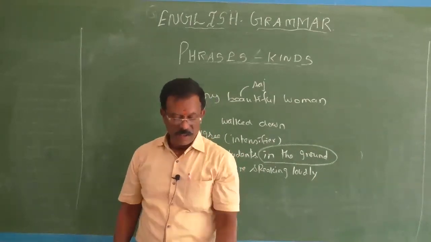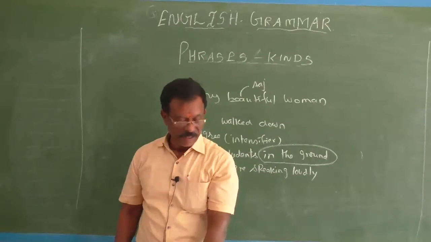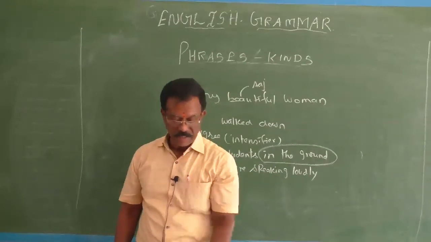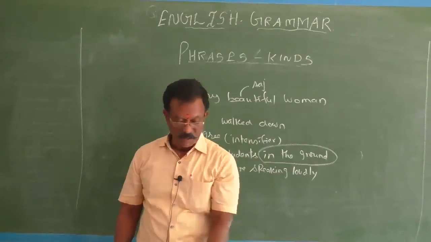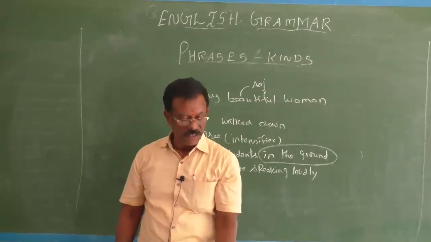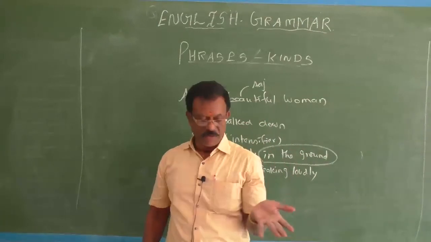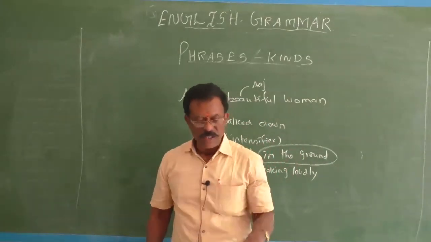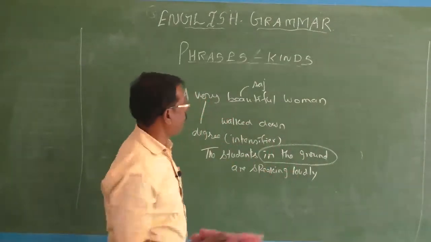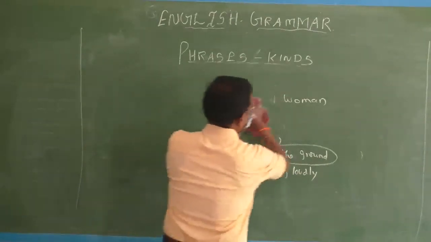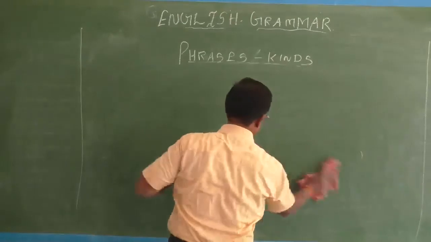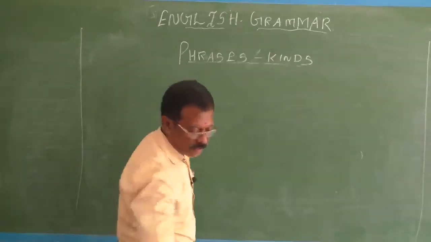Next we are going to see the adverbial phrase. It also plays a vital role in how an adverbial phrase is used. An adverb phrase is a group of words that functions as an adverb. That's called an adverbial phrase or adverb phrase.